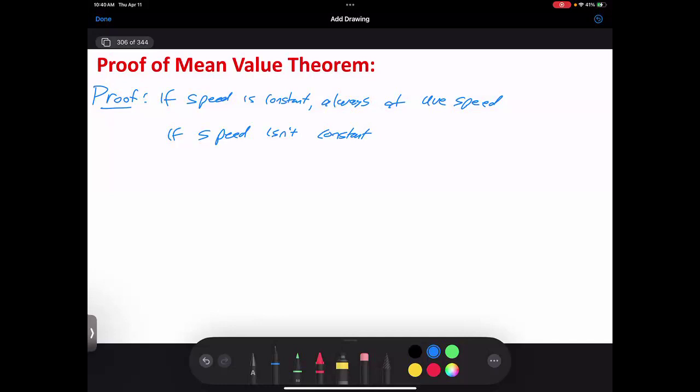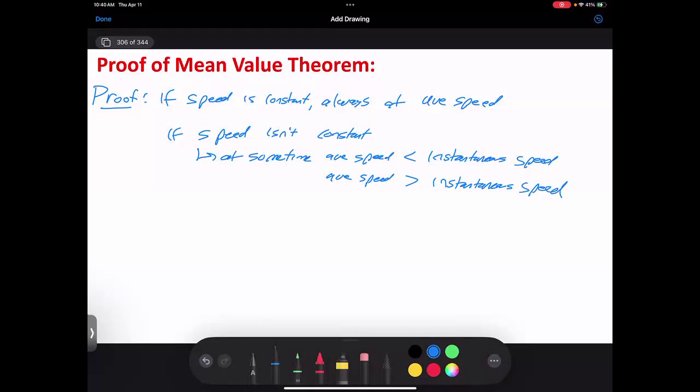No, similar argument. So if the speed isn't constant, at some time, average speed is less than instantaneous speed. And at another time, the average speed is greater than the instantaneous speed.